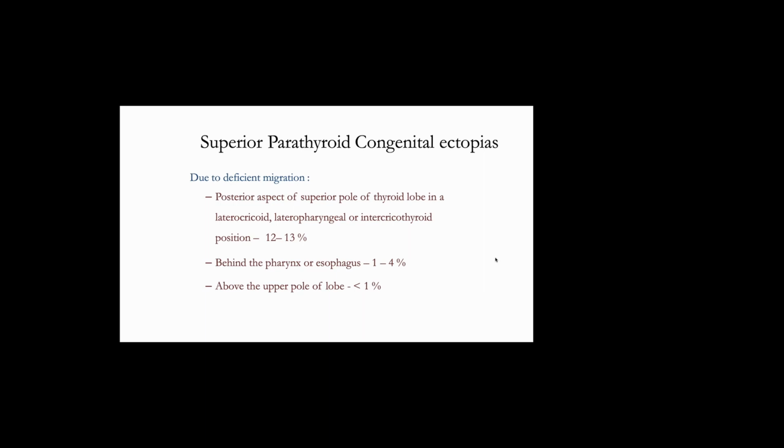So what I'm trying to say here is all these locations have to be kept in mind and explored if you're not able to find an abnormal gland in the location that you expect it to be. Because sometimes we encounter situations where we have a clear-cut biochemical diagnosis of PHPT and we are not able to localize the gland intraoperatively.